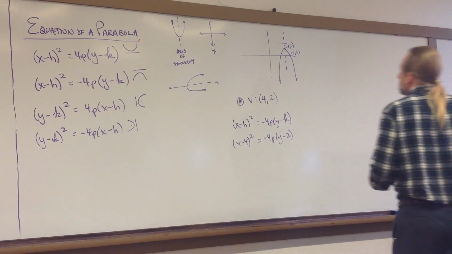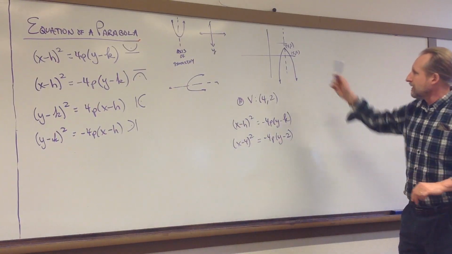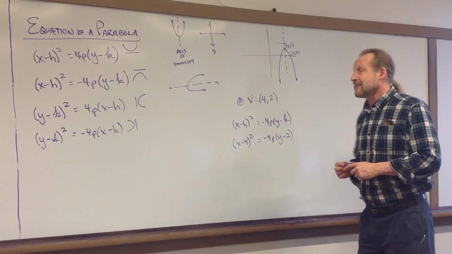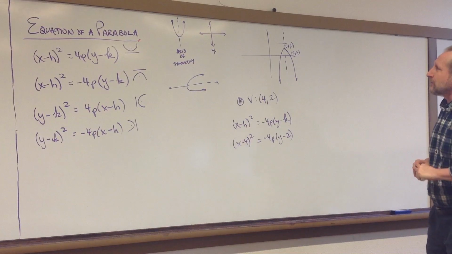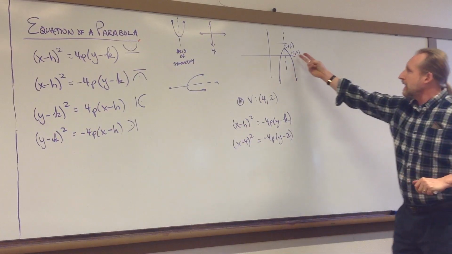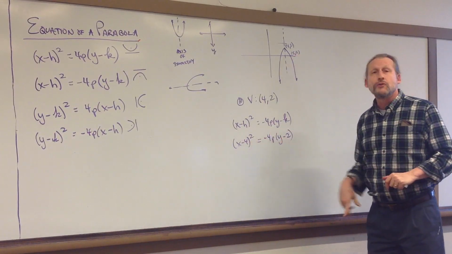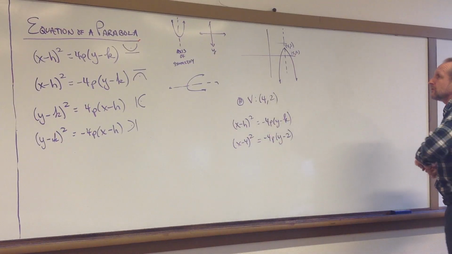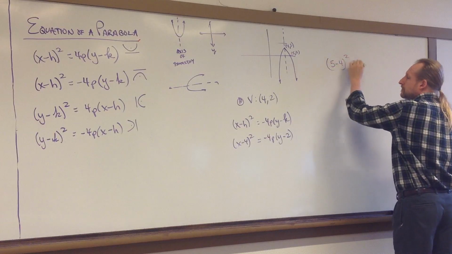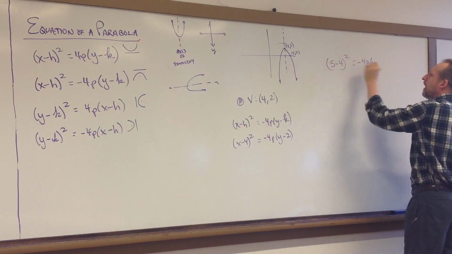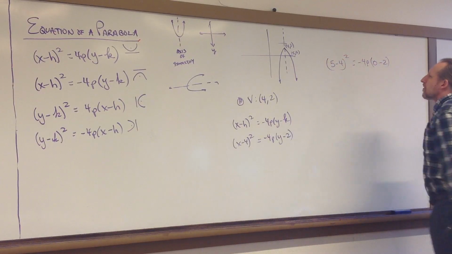So what we have to do this time, I was actually just doing the equation of a line with my class. And if you remember, once you find the slope of a line, the way to find the y-intercept is to plug in one of the points that you know for the x and y values. So, x is 5, y is 0.